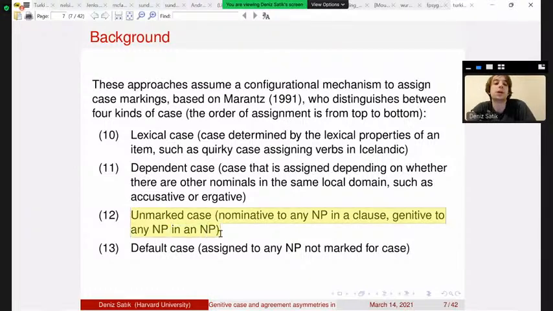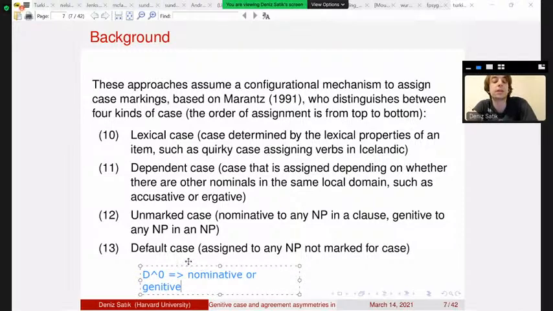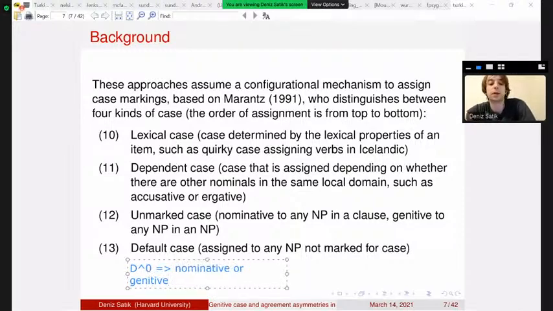So she said that you can assign unmarked case, and basically D0 can assign either nominative or genitive case, but it depends on where the thing that is assigned case is located.